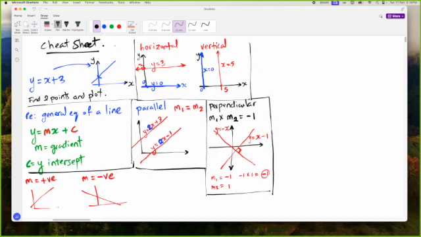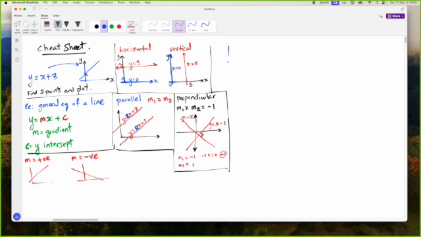Then we had the part where we had to take a line, and the line has 2 points. The first point is x1, y1, and the next point is x2, y2. And we had to take these 2 points and go and get the equation y is equal to mx plus c.